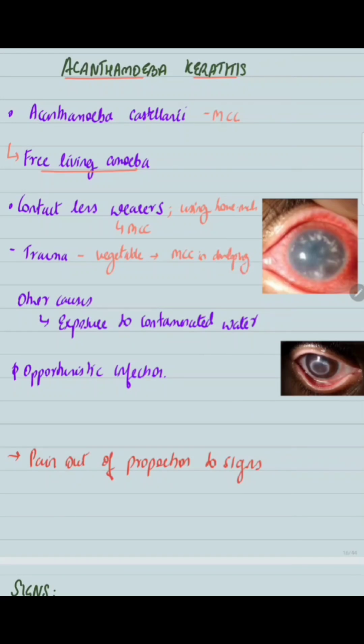Contact lens wear is the most common cause in developed countries, and contact with contaminated vegetable matter is the most common cause in developing countries.